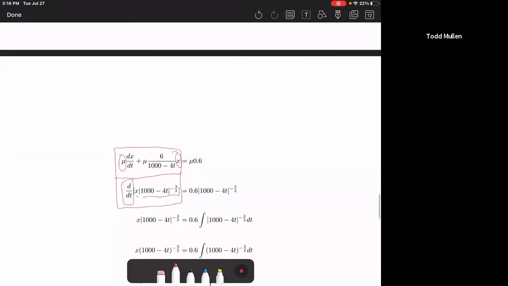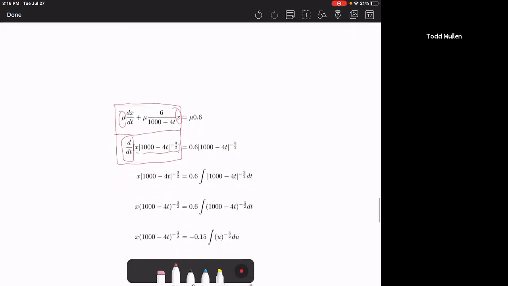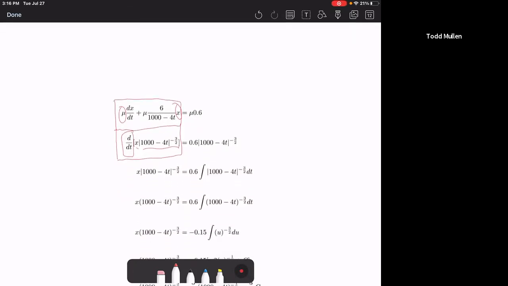So the integral of 1,000 minus 4t raised to the negative 3 over 2. We've already done this substitution. We know that we're just going to end up dividing by that 4. So this 0.6 here becomes negative 0.15. And we get u to the negative 3 over 2.